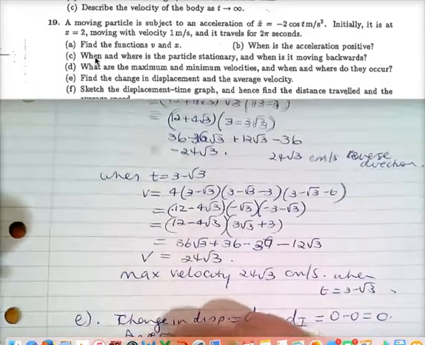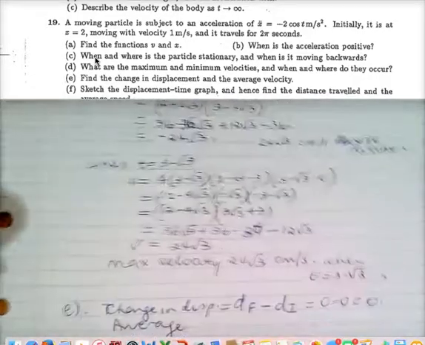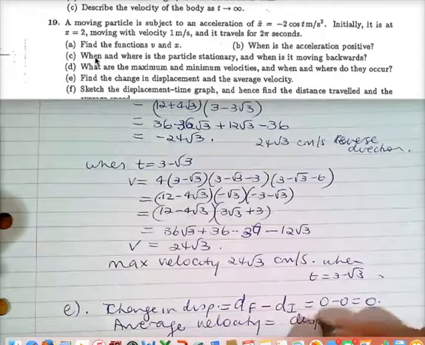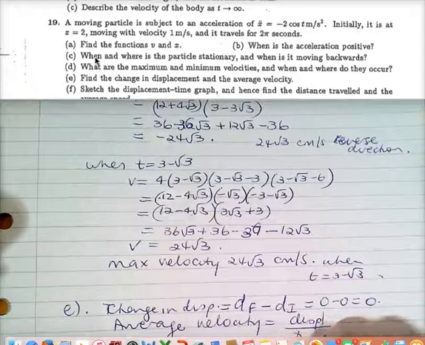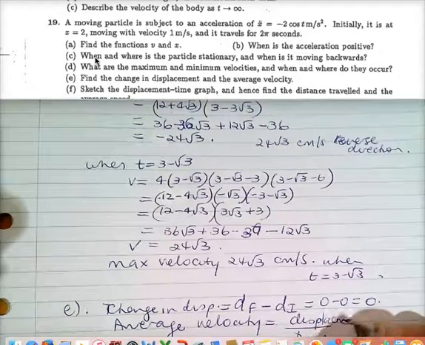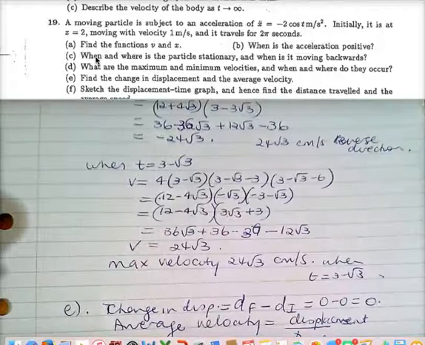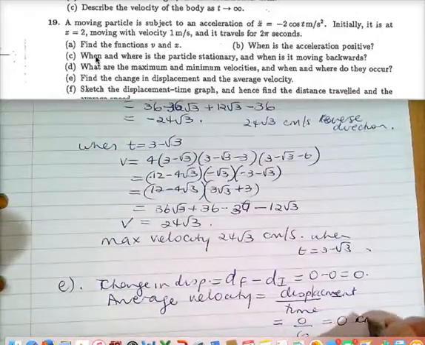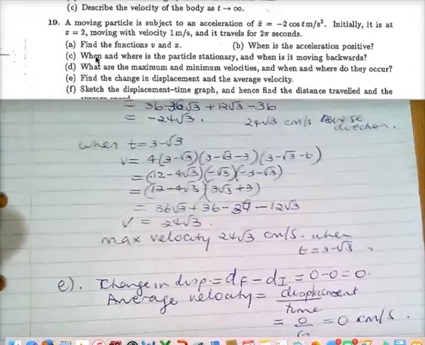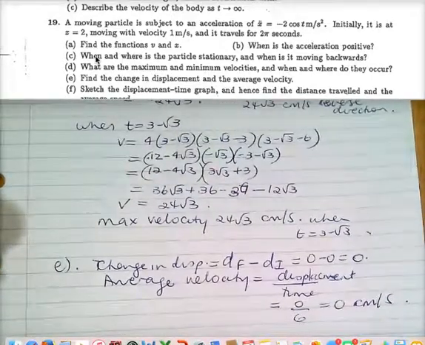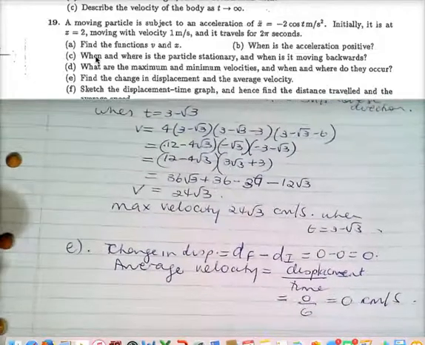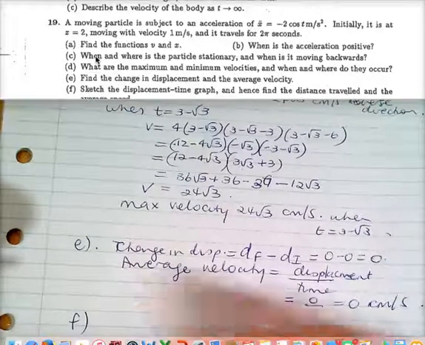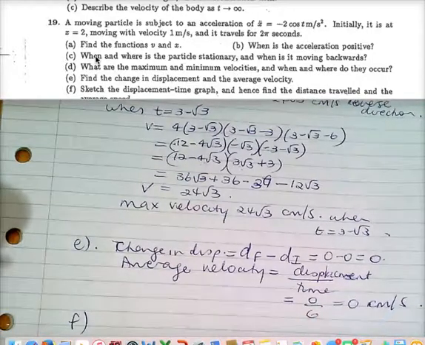So therefore, the average velocity, different to average speed, is displacement over time, which is 0 over 6 seconds, which is 0 centimeters per second. That's the average velocity of the mouse. When you look at 0 time and 6 seconds later, he hasn't actually moved anywhere, or she, it, whatever.